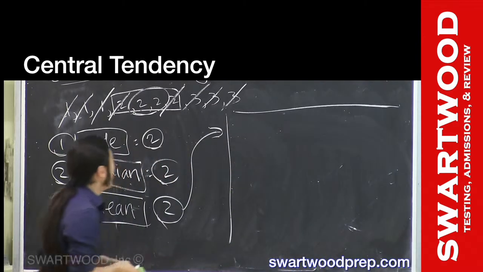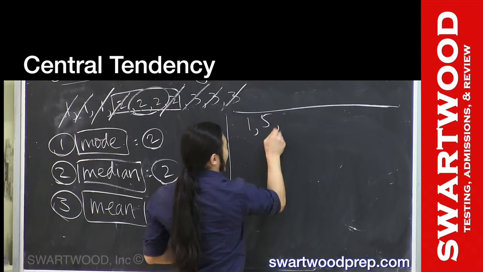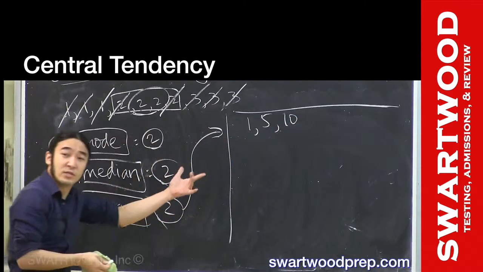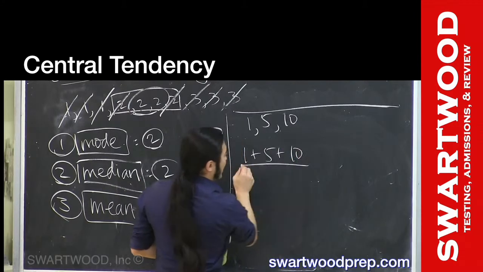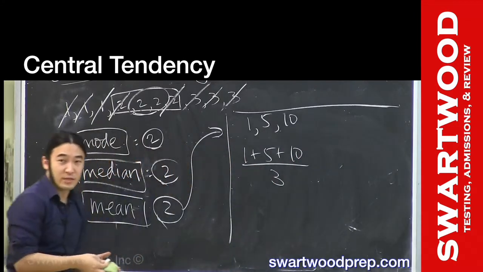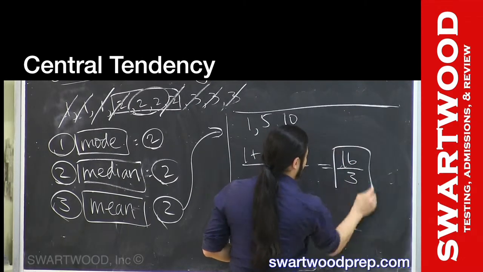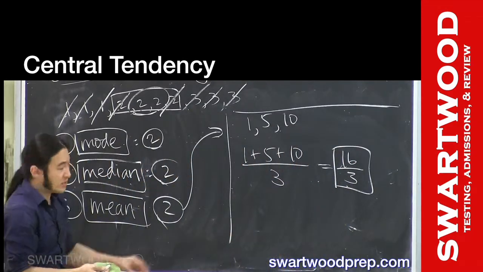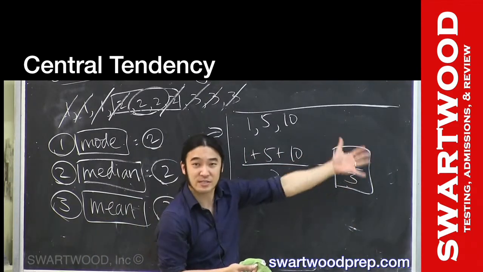How do you average the numbers, say 1, 5, and 10? Most of you know this from reflex or from practice. You add the numbers up, and you divide by the total number. In this case, I didn't pick pretty numbers, but that would be 16 over 3. That makes sense. You give everybody their due share, you divide by the count, and you figure out what the average of these guys is.